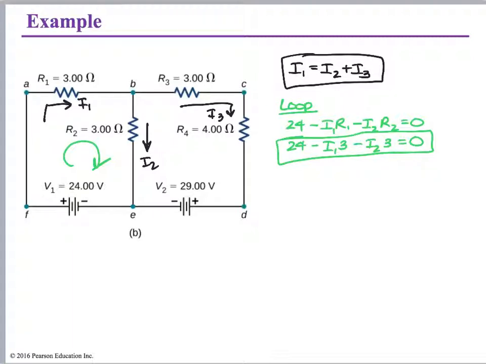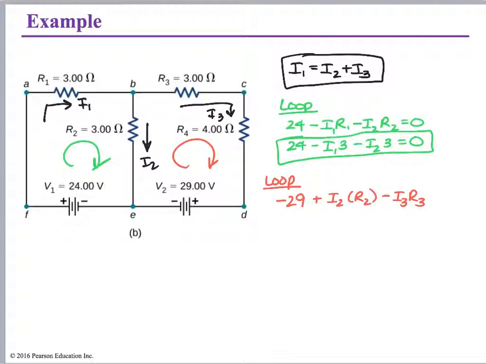And then we had the loop over here. We'll call that the red loop. And I chose that purposely just to do some different directions. We go through the battery from positive to negative, so that's a loss. We go up through resistor 2, opposite with the current, so that's a gain. And then we go through resistor 3 with the current, that's a loss.